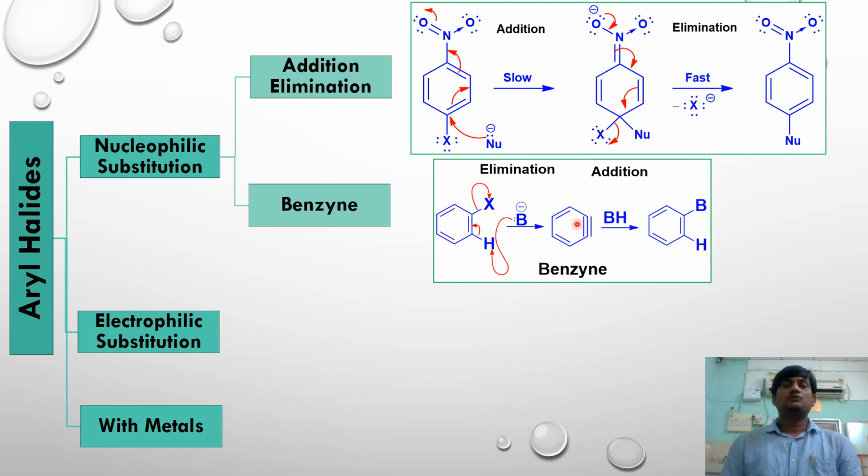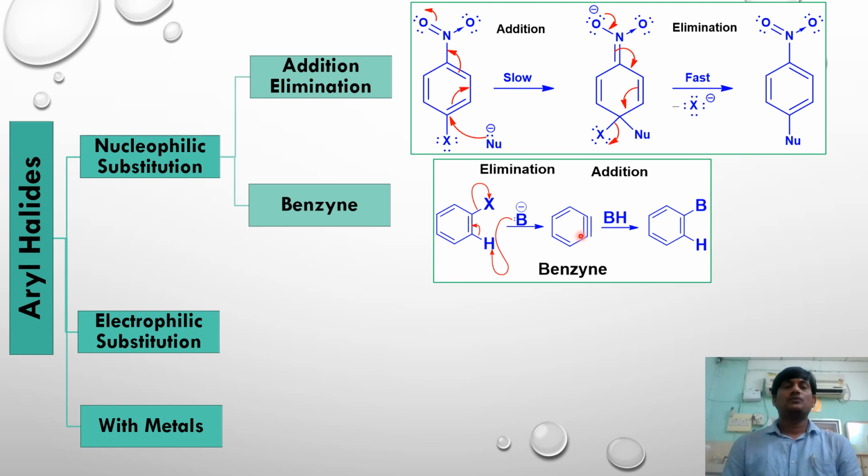This one is the intermediate. This intermediate contains a triple bond. After that, there is an addition of B-H to the triple bond, and there is formation of a substituted benzene. Here benzyne is nothing but a benzene molecule having one triple bond.